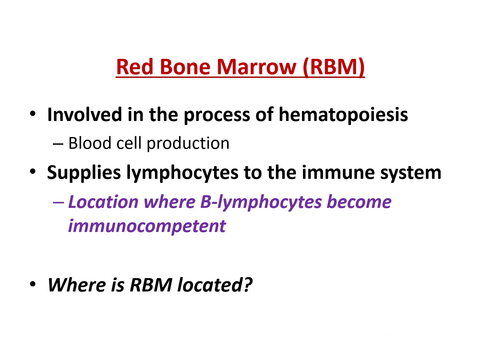And getting close to the end here, wrapping up with red bone marrow. It's involved in that process of hematopoiesis, in particular red blood cells and what we call granulocytes and early stage lymphocytes. Lymphocytes will develop initially in the red bone marrow and then move on to the lymphatic system where they will become fully immunocompetent.